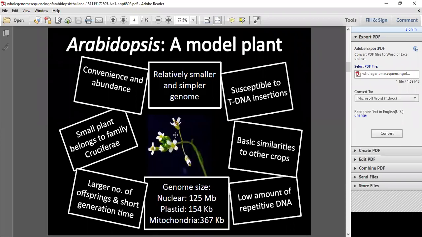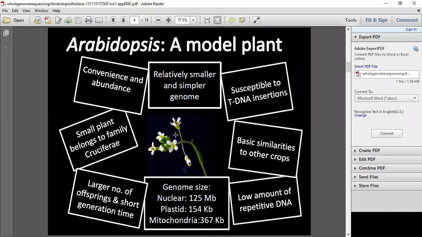Then, a low amount of repetitive DNA. Because it has a very small and simpler genome, it also has a low amount of repetitive DNA, as we see in microorganisms with a smaller segment of DNA.